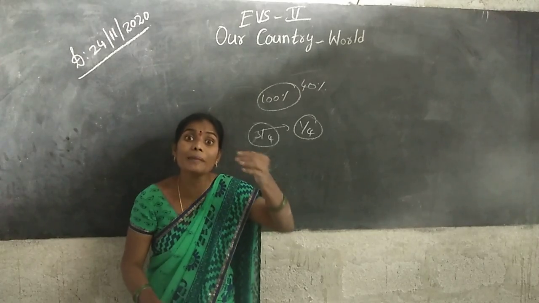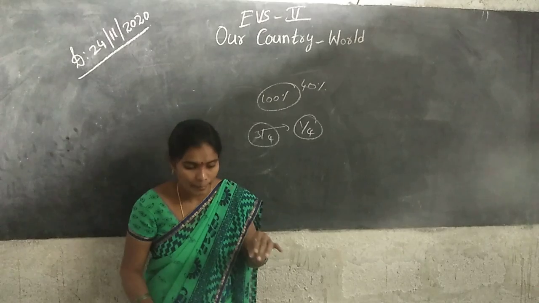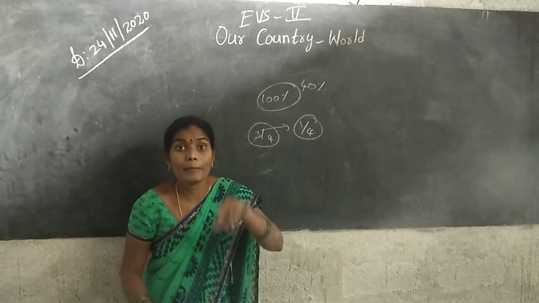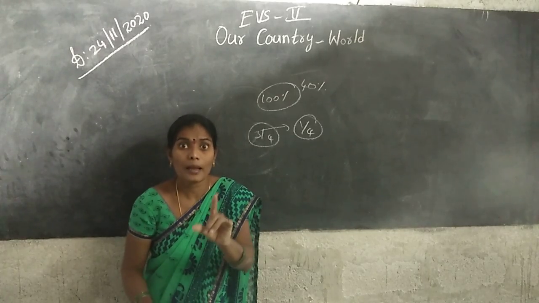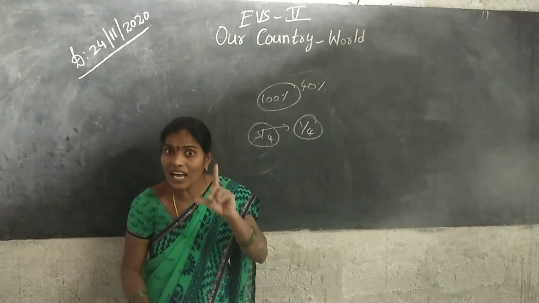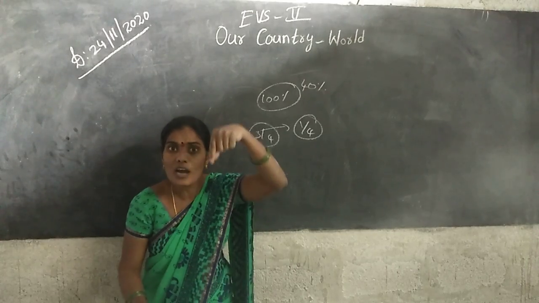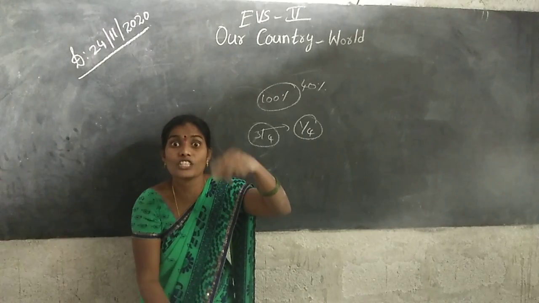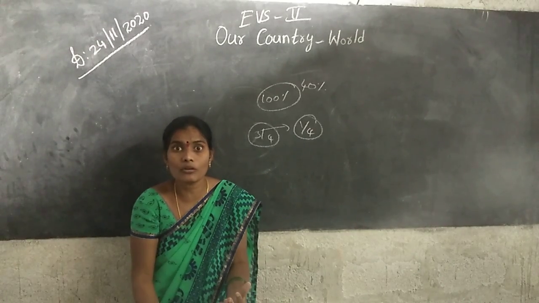And the deepest places are also there. The Mariana Trench is the deepest point, one of the points in the Pacific Ocean. That means a very deep place. Do you know how deep?